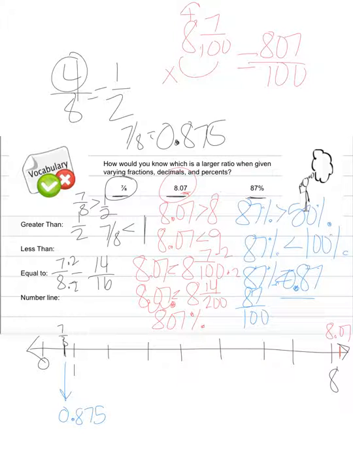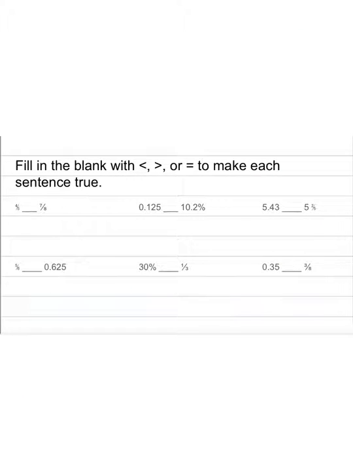And then we have 0.87, so it's going to go even closer, right next to it, right before it. And we'll write it as 87%, because if I write that as 0.87 and I add my thousandth, it would be 0.870. This is 0.875. 0 is less than 5, so that's why it's smaller than that.